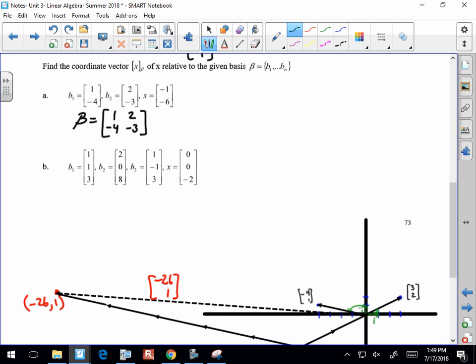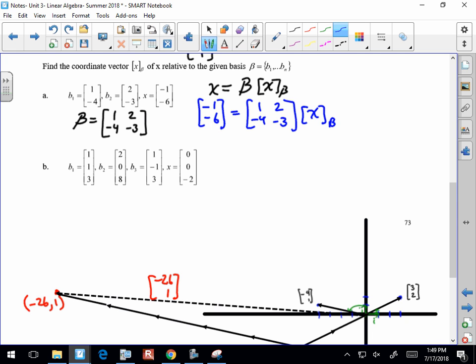We have the x is obvious. And I need to come up with the x of beta.